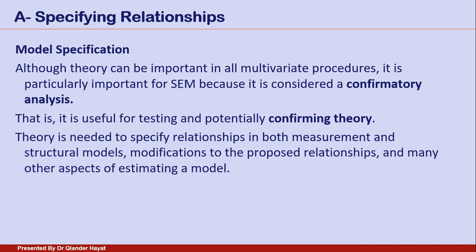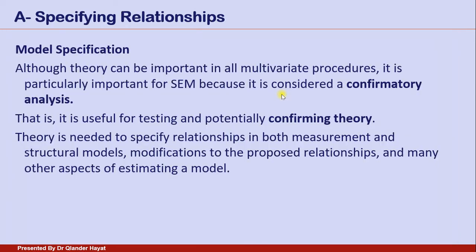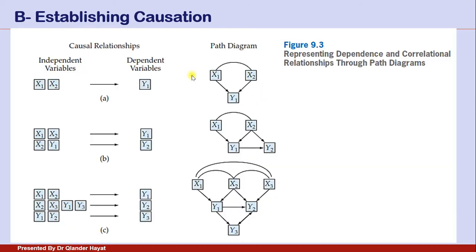So based on theory we can build a model that is used for testing and potentially confirming the theory, as I have told earlier. In this example you can see there are many variables, and when we specify the relationships of these variables in the path diagram, this phenomenon is known as model specification, when we identify which variables are independent and which are dependent.